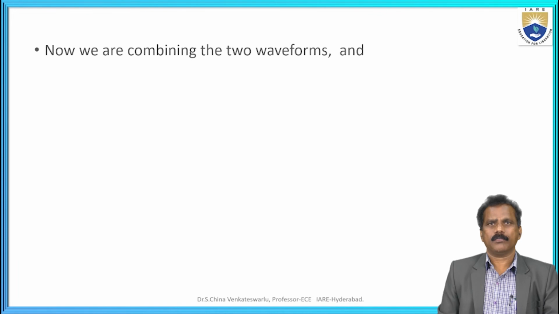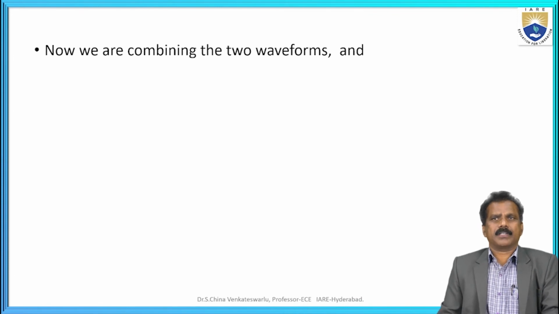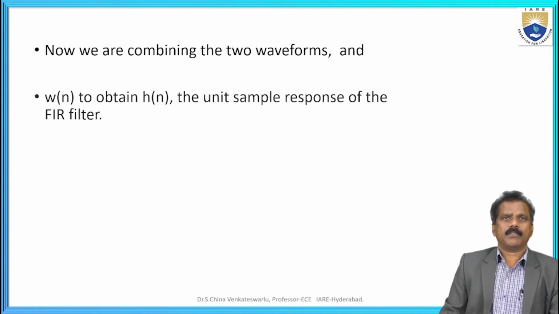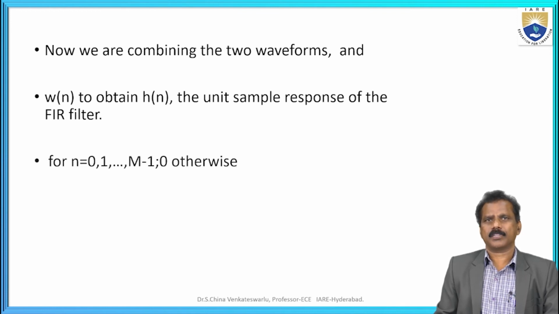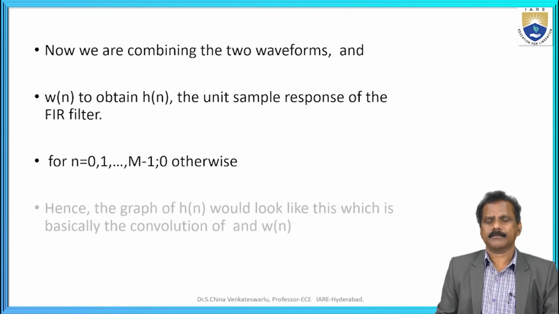Now we are combining the two waveforms to obtain h of n, the unit sample response of the non-recursive filter, that is, the finite impulse response filter, for n equal to 0, 1, 2, and so on up to n minus 1, and 0 otherwise.